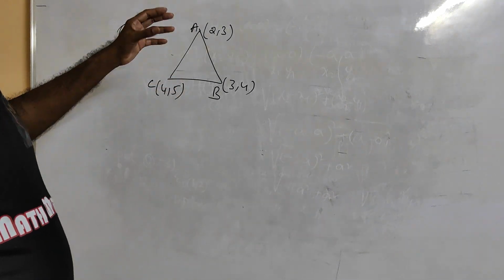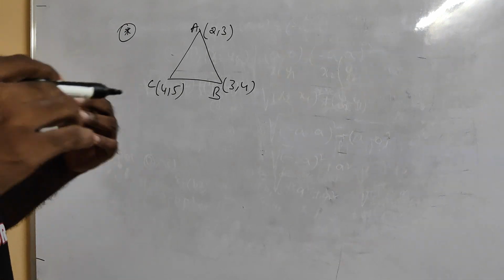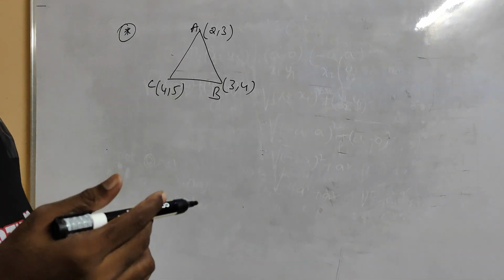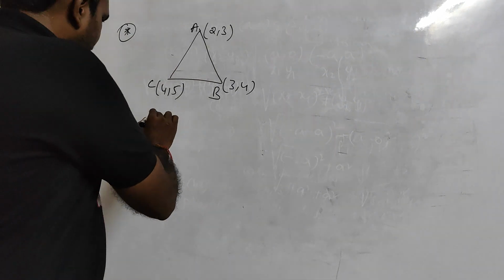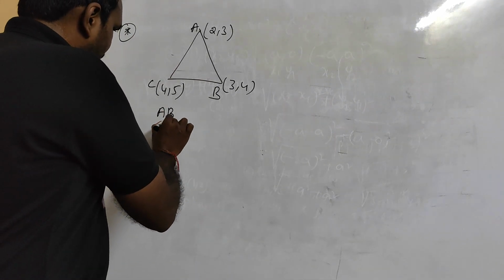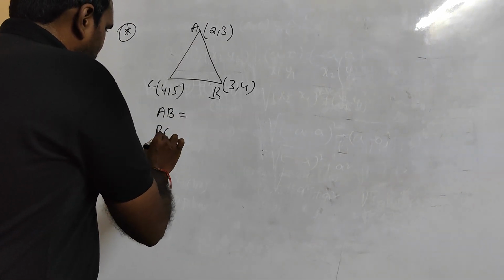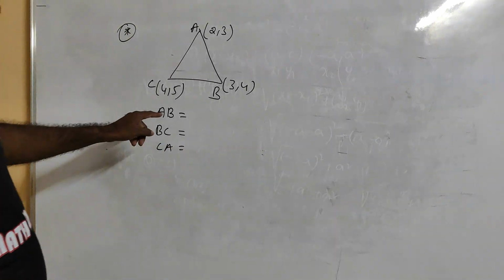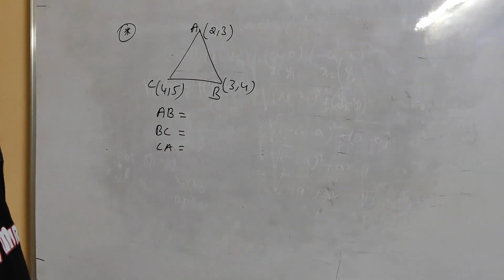And I am asking you to tell me what kind of triangle it is. How to tell what kind of triangle it is? First you find AB, next you find BC, next you find CA.